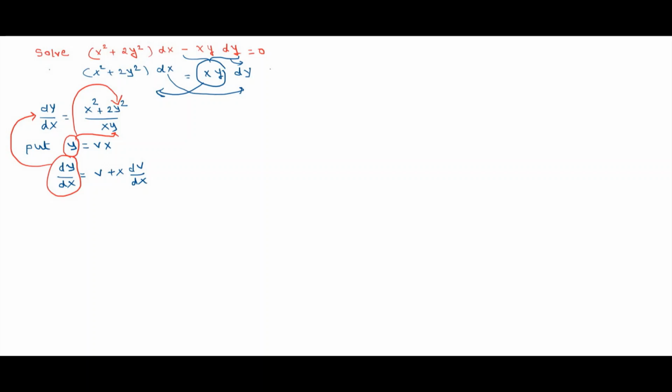Then what do we get? If you substitute the value for dy by dx in the left hand side, that is v plus x into dv divided by dx is equal to.